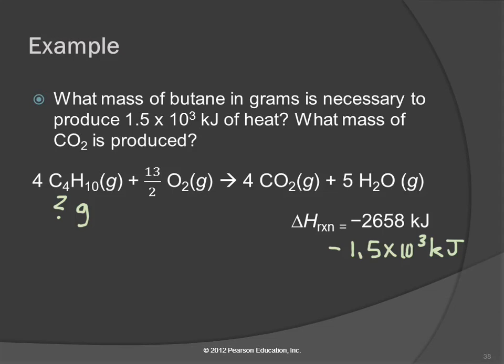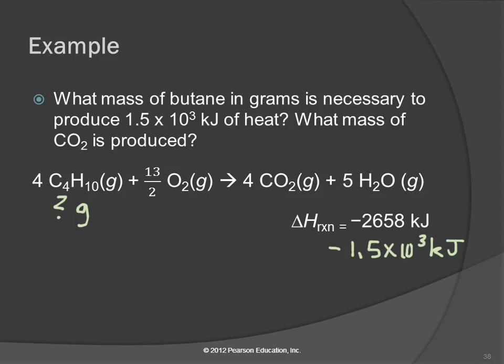So in the sentence, necessary to produce, that indicates that the energy is being given off. When we're just using equations and math, that's when we need the sign because we lose all of our words.